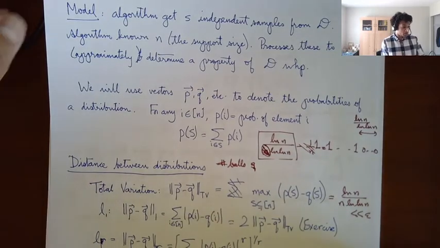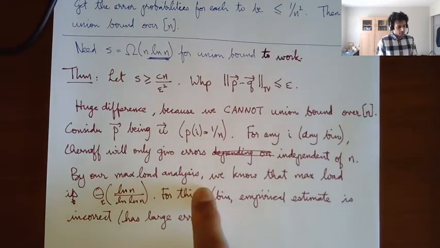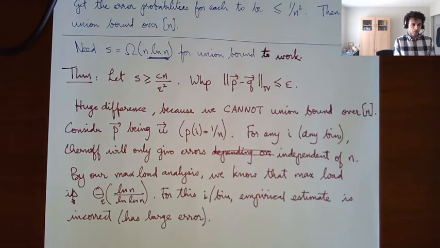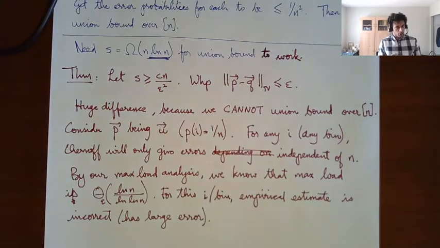But this is the subtle point here. What is being said here is, by the max load analysis, we know that there is going to be some bin with large load. This analysis is implicitly going to show there cannot be too many bins with a large load. So the averages are going to behave the right way.